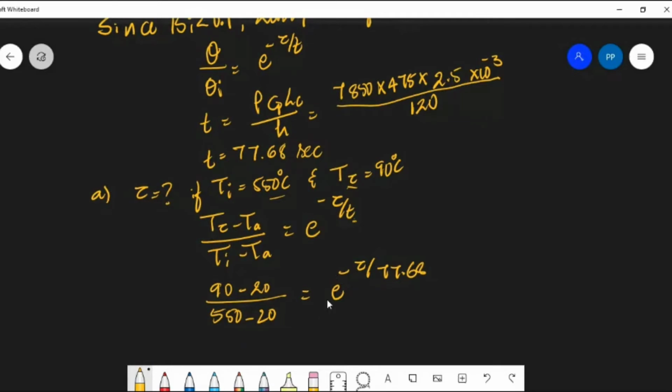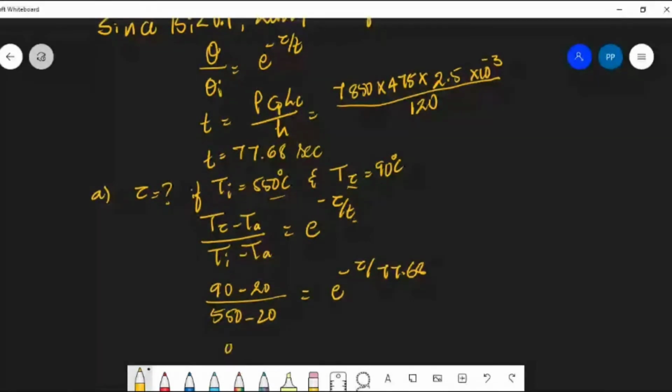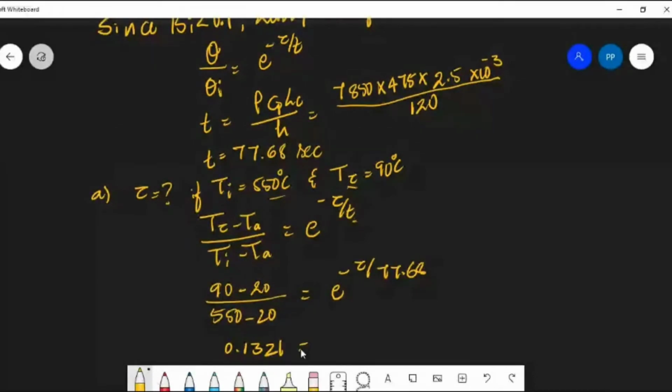Now calculate the value of tau. The left hand side is 0.1321.